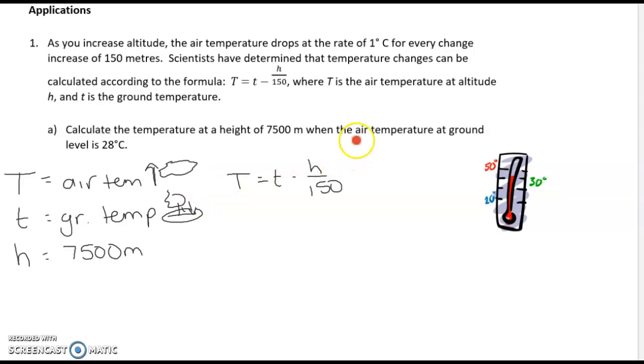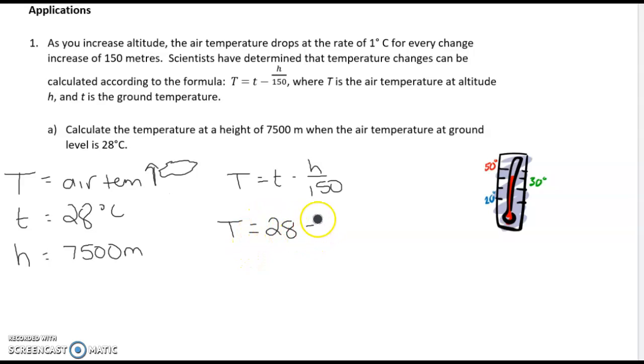We want to know the air temperature when the ground temperature is 28 degrees. So we're solving for capital T. Capital T equals little t, which is 28, subtract h, which is 7,500, divided by 150.